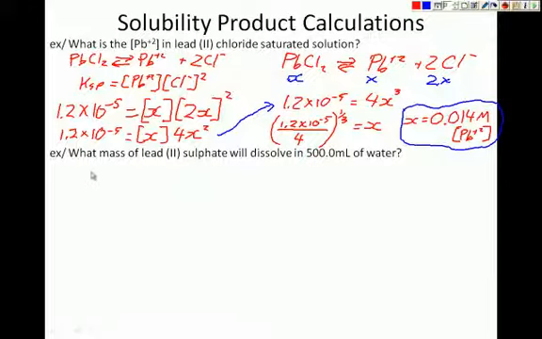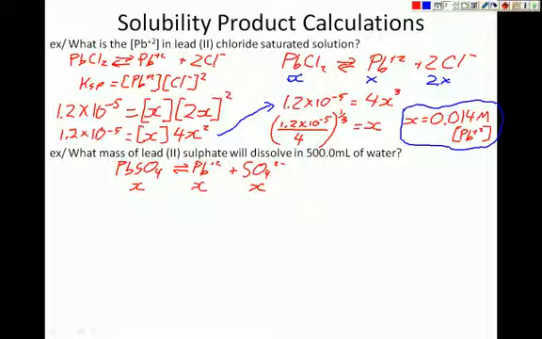So always start off with a formula. I'm going to write down PbSO4, and that makes lead ion and sulfate ion, so this is a 1 to 1 to 1 ratio.